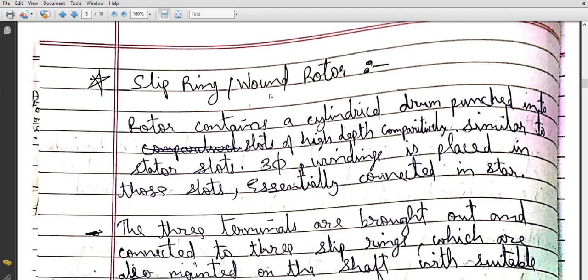This is not the case with squirrel cage. Now, what is the advantage of adding this external resistance? You will get improved starting torque. Your starting torque will be very much improved. You can also start your induction motor with rated voltage. Starting current is reduced.